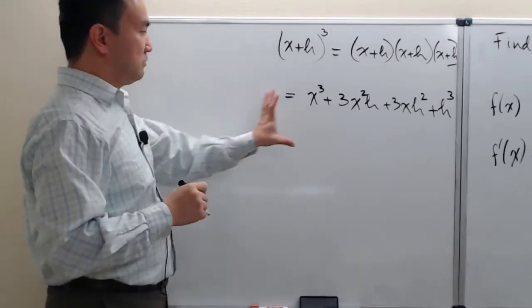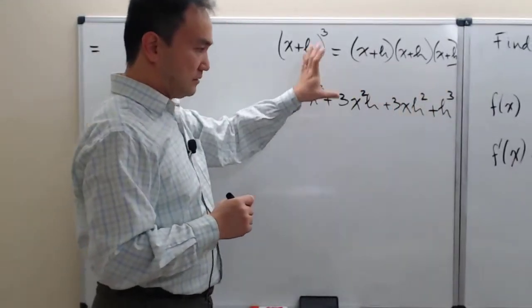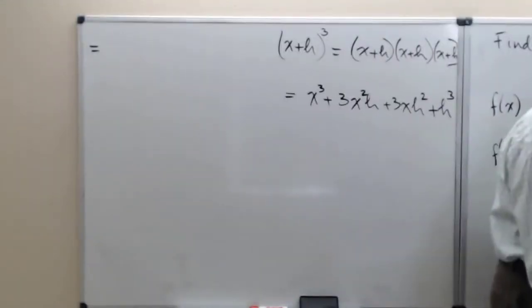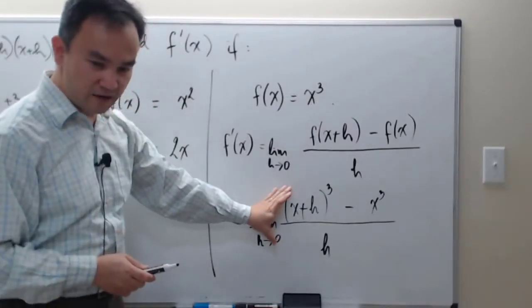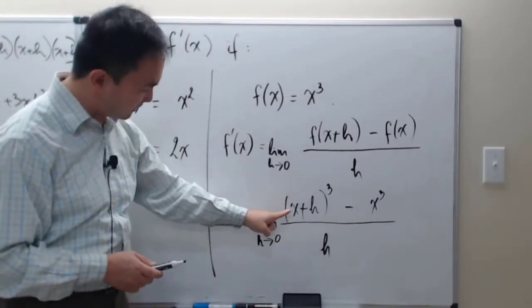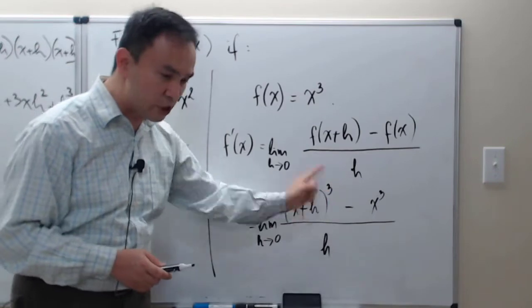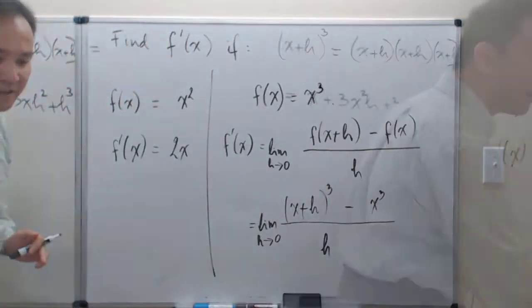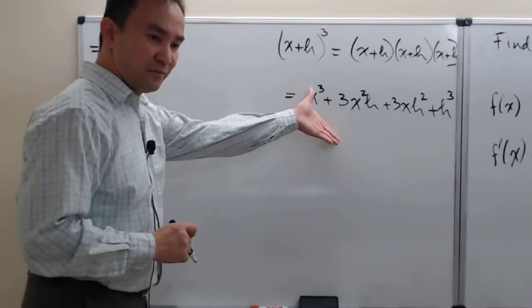So we are now going to substitute this for our expression from the very last step. From our very last step is right here, where x plus h in parentheses cubed now is going to be replaced by this.